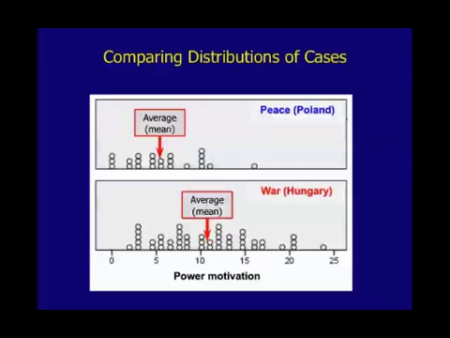However, we can ask whether the difference between the average of the peace crisis and the average of the war crisis is really significant. Is that a real difference or just chance? Because two groups rarely will have exactly the same average score on any variable.